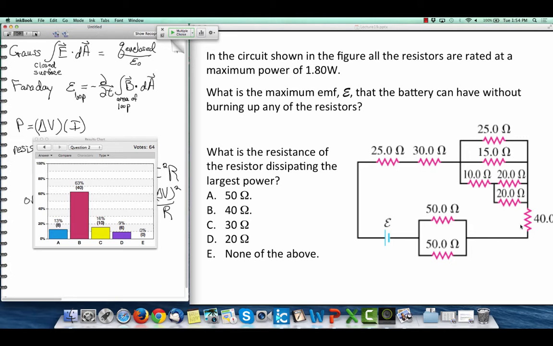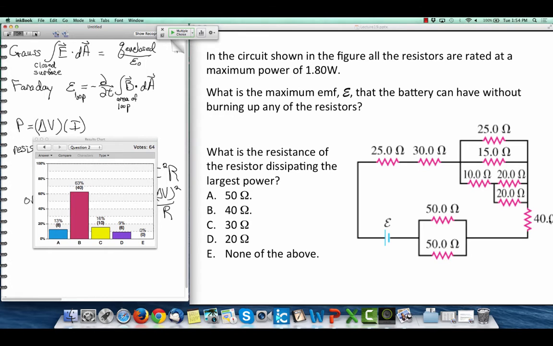In thinking about, in doing that, you automatically, now that you know that that's the biggest power drain, or sorry, the single resistor that has the most power dissipated, you automatically know something. You know that that's the linchpin there.